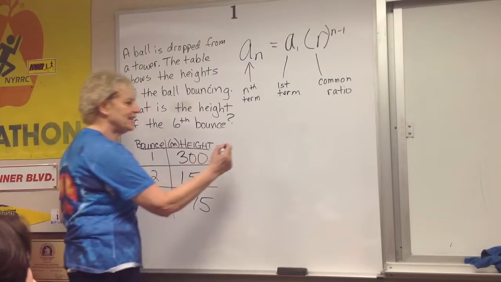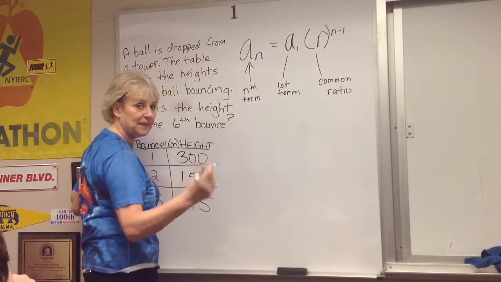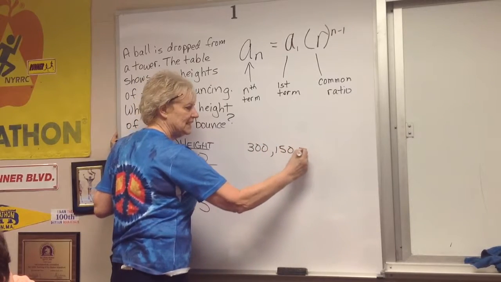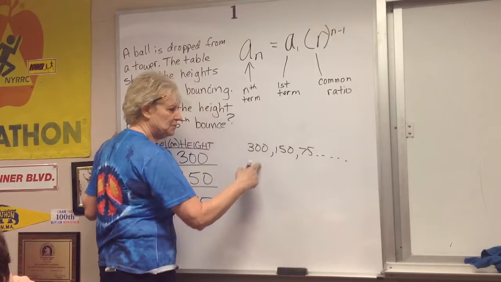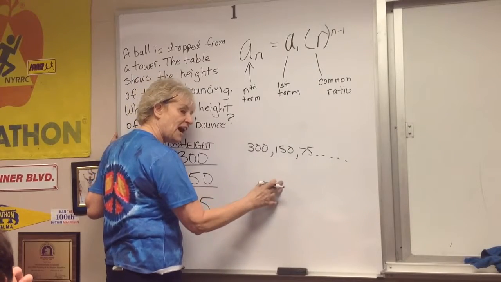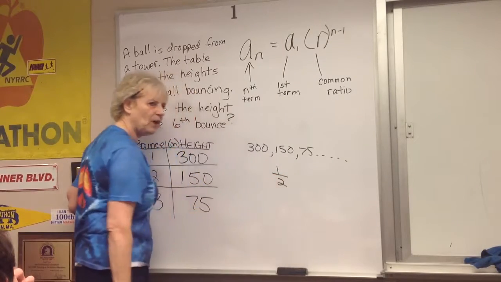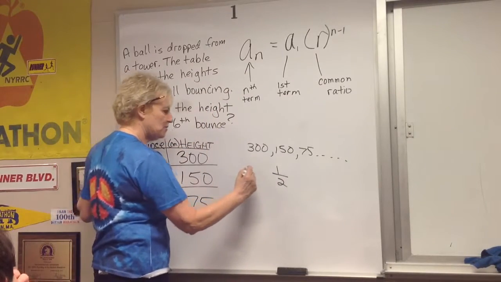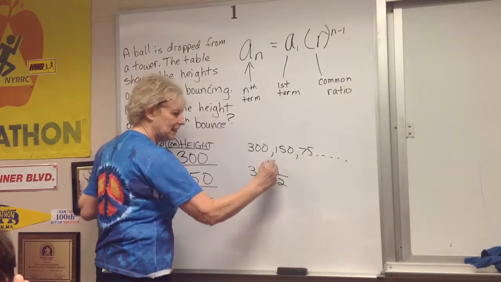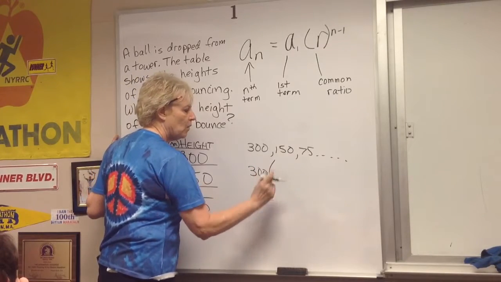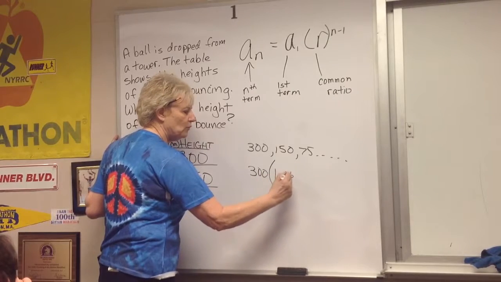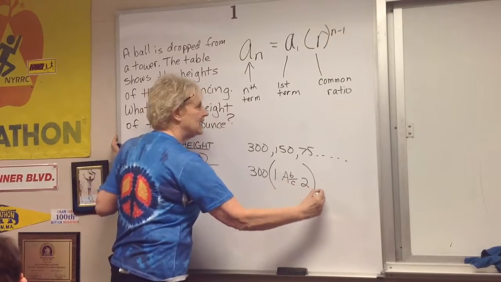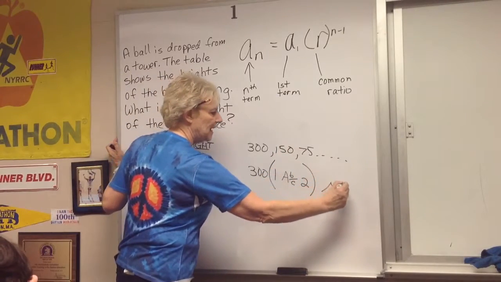So what you have here, if it helps you people that freak out on story problems, it's 300, 150, 75. Divide by 2 means we don't divide. We are multiplying by 1/2. So your formula is the first term, which is 300, left parenthesis, 1, A and B over C button, 2, right parenthesis, caret, 5.